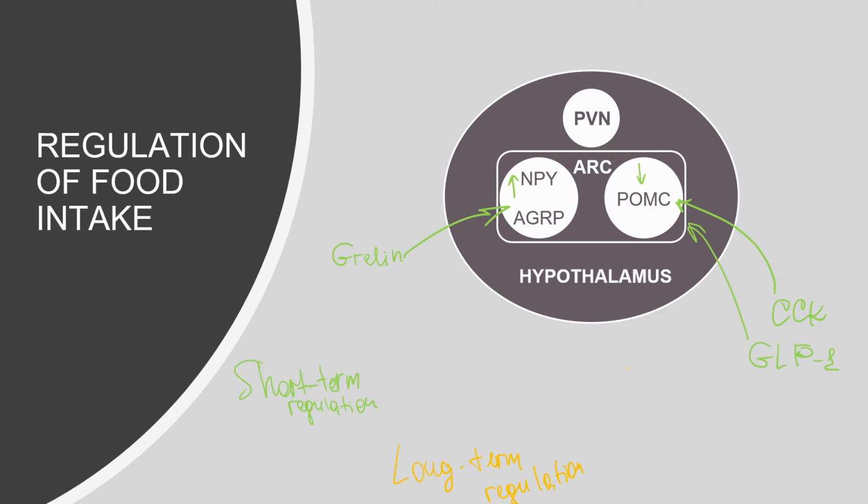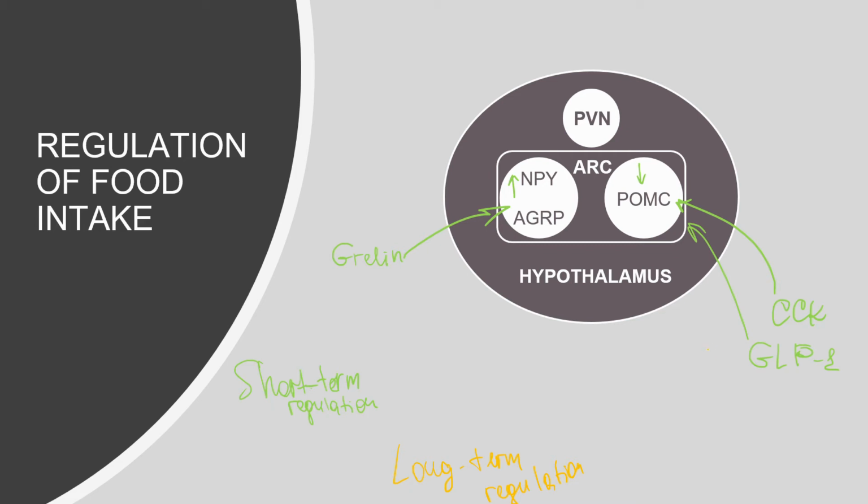Because it depends on the amount of fat we have. If we have a lot of fat, it means that we need to eat less and move more. So in this manner, a hormone produced by adipose tissue called leptin works. It actually reduces the feeling of hunger, it increases basal metabolism, and it induces willingness to move.